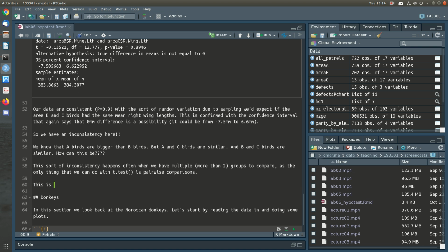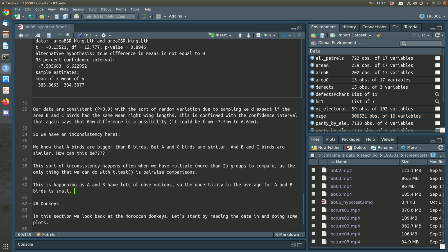Okay, so this is happening as A and B have lots of observations. So the standard errors, the uncertainty in the average for A and B birds, is small. Because the uncertainty in the mean for area A and the mean for area B are small, we can tell them apart. But area C has few observations, 13 of them.